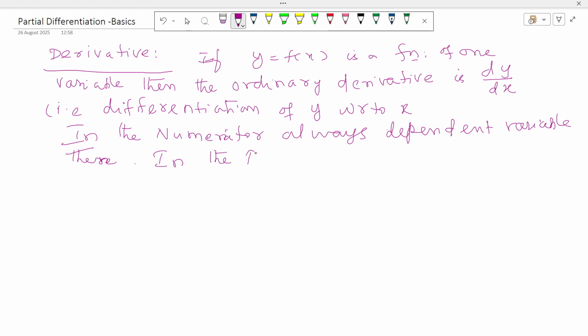The denominator always has the independent variables.